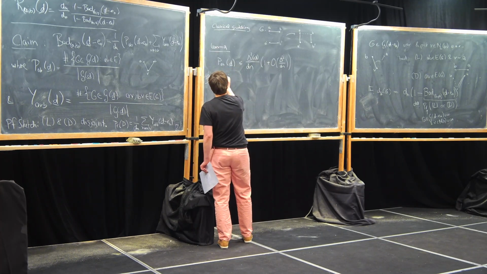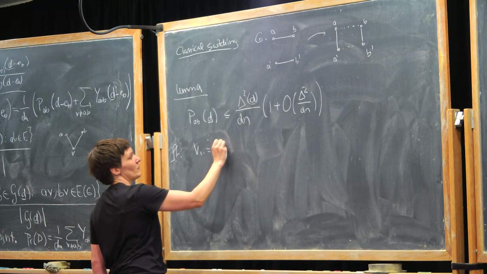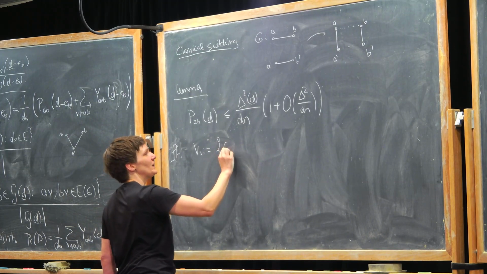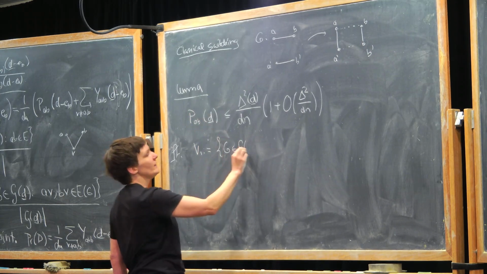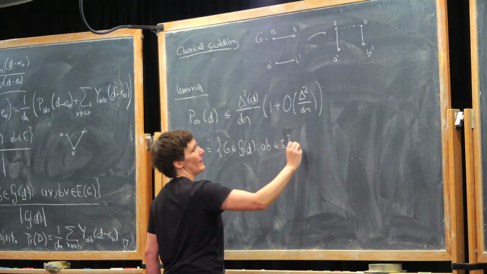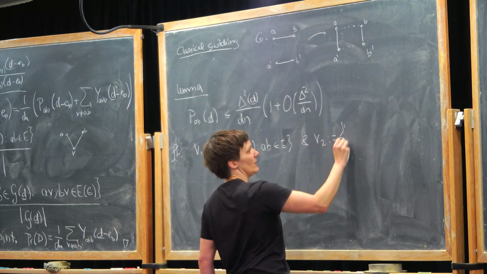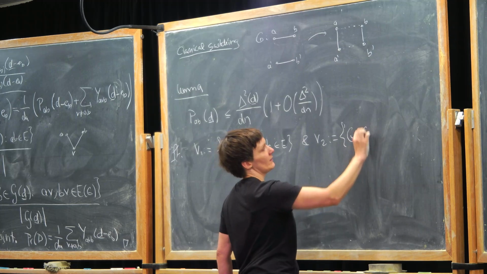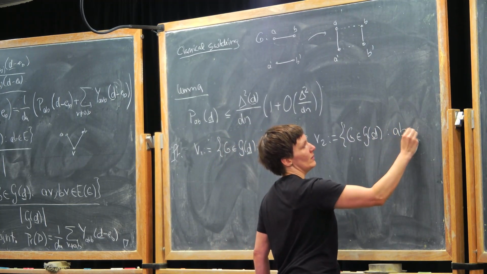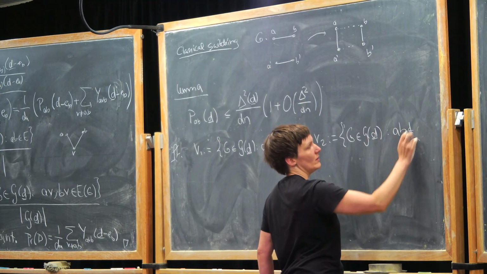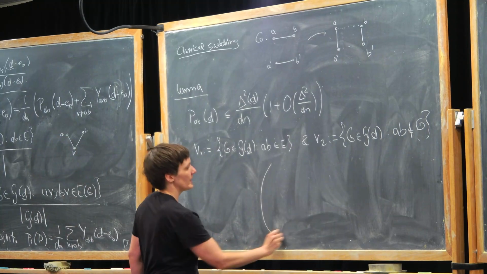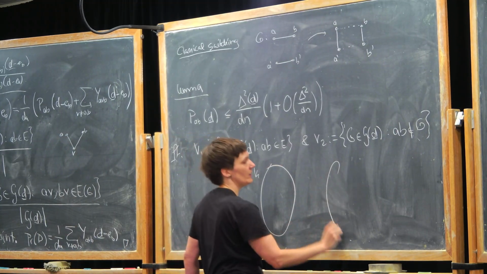So let me write V1 as the set of all G in G of D where I see the edge AB, and V2 is the set of all G in G of D where I do not see the edge. Okay, so here are my two sets, V1 and V2.